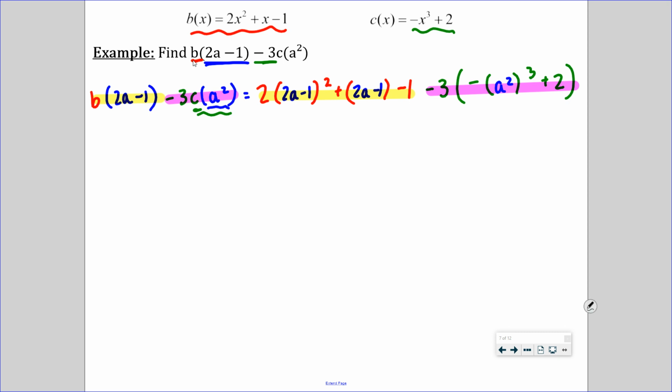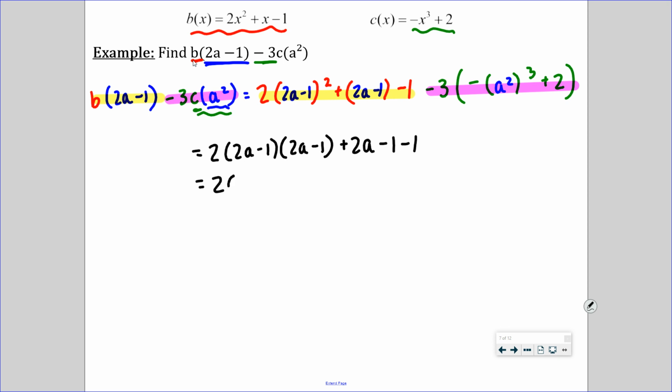Okay, let's take it piece by piece. So I gotta take care of the exponents first. So here I need to do 2a minus 1 times 2a minus 1. I'd have to distribute that out first. Here, I don't have anything outside my parentheses, so I can essentially just drop those parentheses. All right, let's just do this part first, and then we'll tackle the green part, okay?